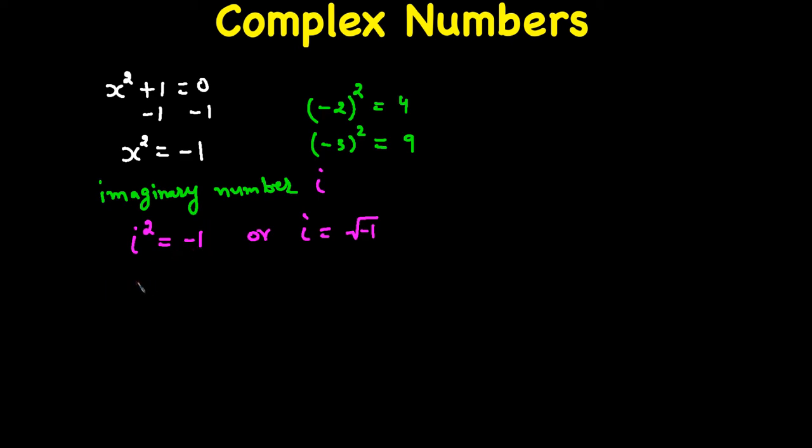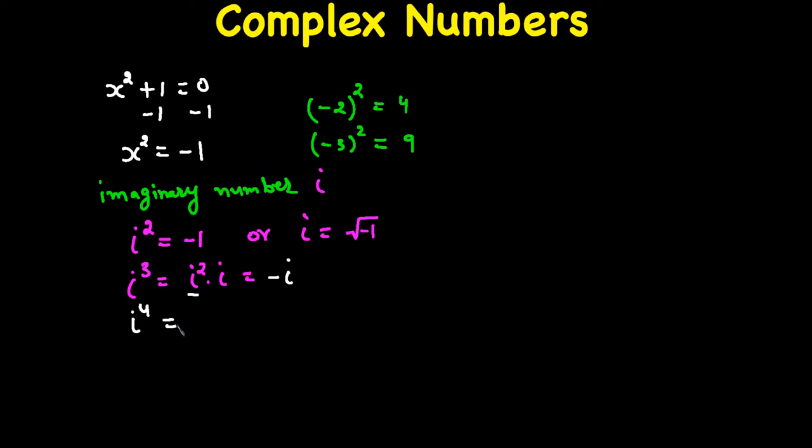And if I have to write i cube or iota cube, I can rewrite it as iota squared into iota. So iota squared, which is -1, so this value will be -1 times iota, so negative iota. Okay, and let's move to power 4.